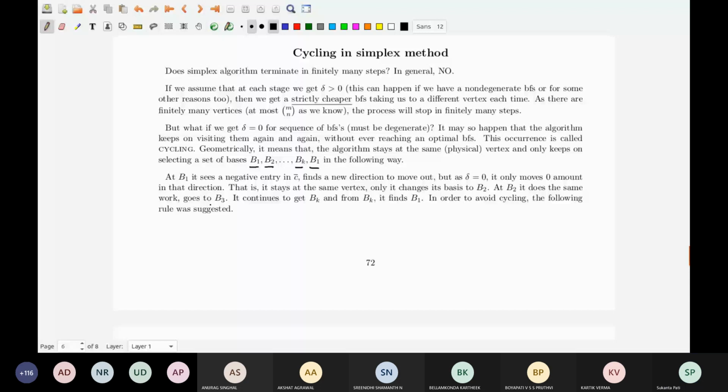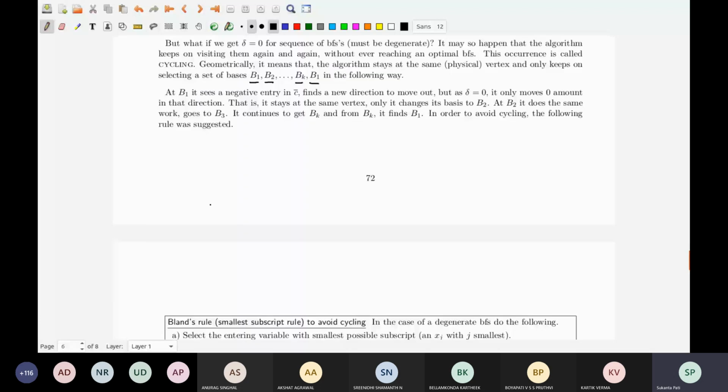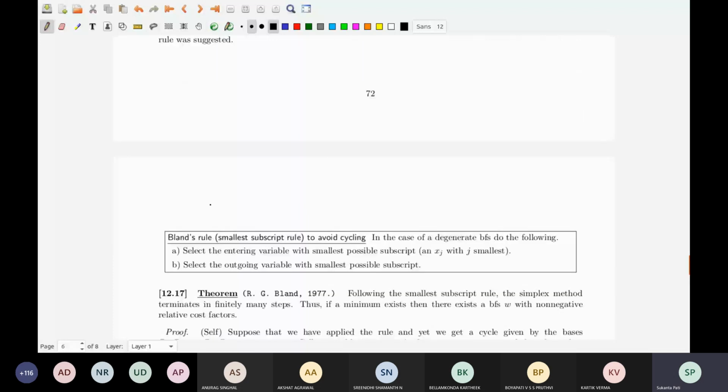In about 1977, remember Dantzig gave the algorithm in 47, 30 years later, R.G. Bland gave one of the simplest rules. He said, in such cases, if C bar has some negative entries, choose the entering variable that has the smallest subscript.